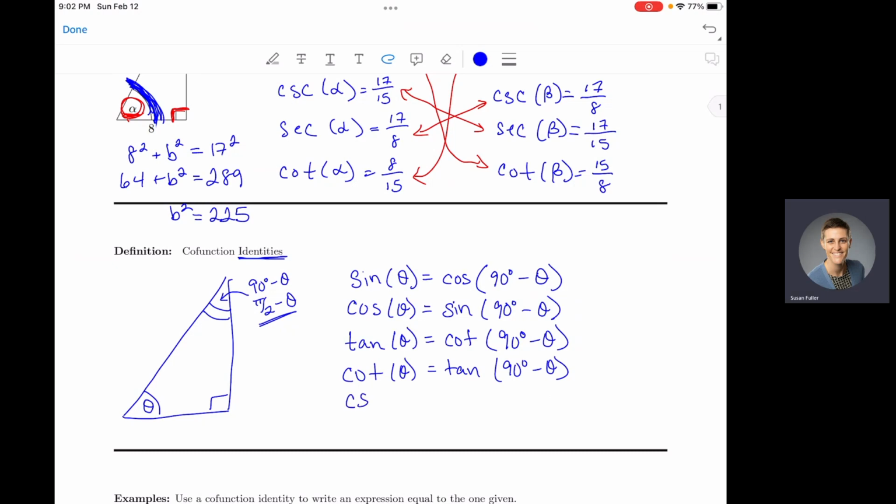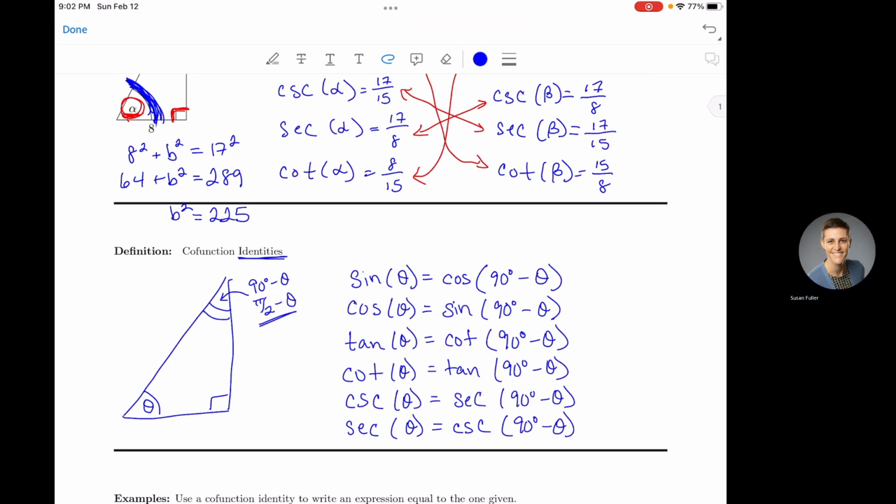The cosecant of theta is going to be the secant value of its complement. And the secant value of theta is equal to the cosecant value of its complement. These are the same relationships we noticed in the example above. We're just generalizing it. Now, this is all in degrees.